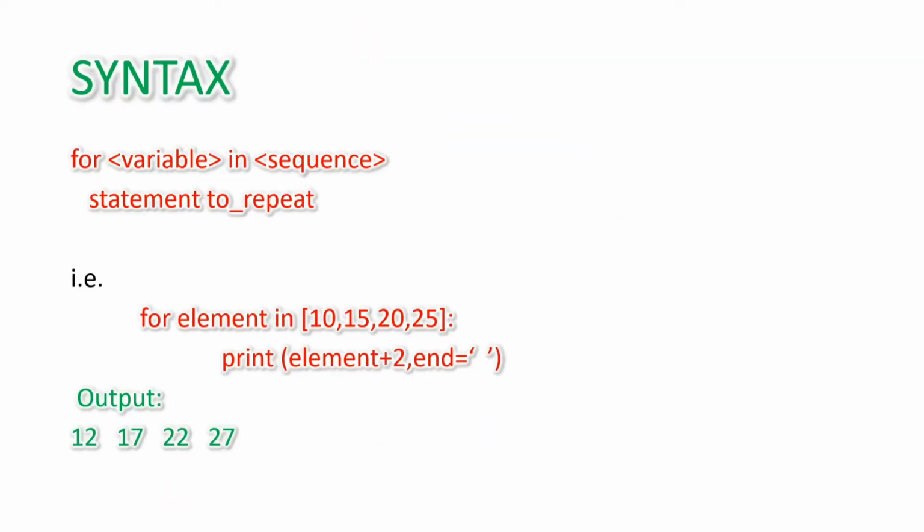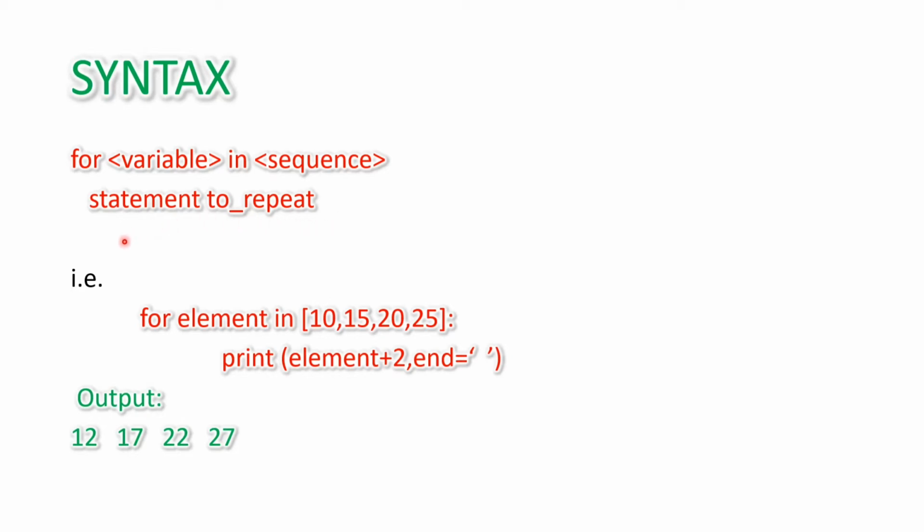Here you can see the syntax of a for loop. Here you have for variable in sequence, statements to repeat, which is the command. Here is a loop variable, here is a range or sequence given, and after that you will have a colon, which you can see here in the example, and the statement which is to be repeated until the loop reaches the end.